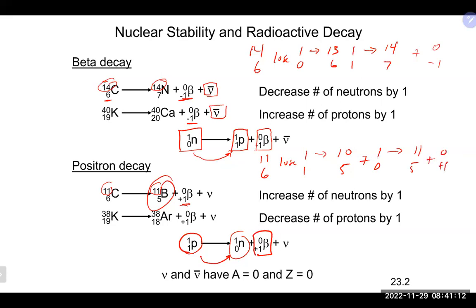So again, sometimes it may seem if you just look at the overall numbers that nothing much is changing in some cases, but there is some change that's occurring here. We're losing, for example, a proton, but gaining a neutron, or in the top case, losing a neutron, gaining a proton. So overall, math-wise, it evens out for the mass number, but the atomic number is obviously affected overall in terms of the change that occurs.